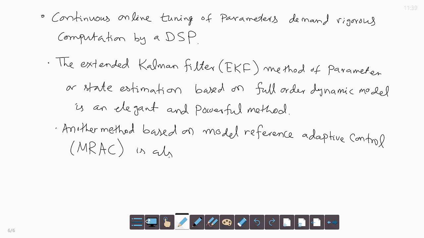This is also widely used. So, now we will discuss this MRAC based parameter tuning for vector control.